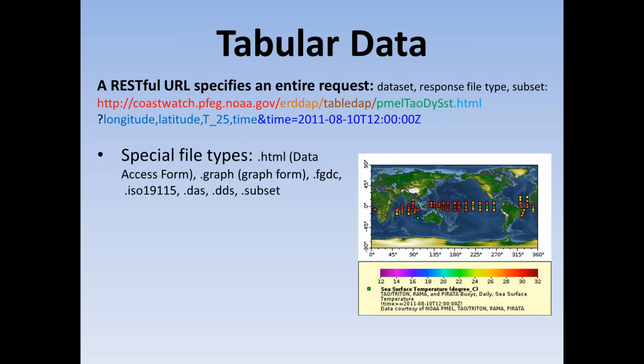Bob, and not only can you do constraints on the coordinate variables like that, but you can also say, just give me the values where the quality flag is equal to 4 or something like that also, right? Yes, exactly. You can constrain any of the columns, string columns, quality flag columns.